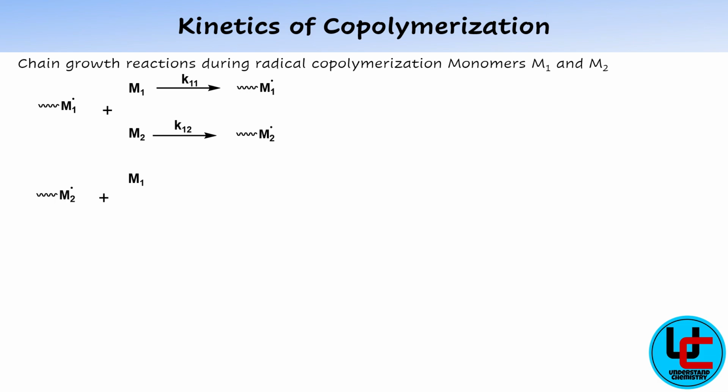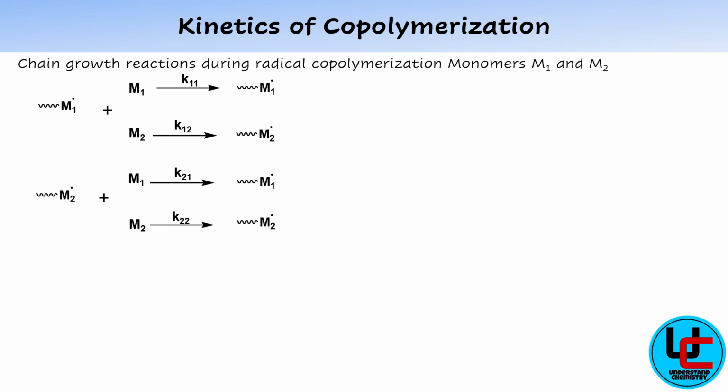Similarly, all growing chains ending in M2 have two possibilities. Either it reacts with M1 with rate constant K21 to give a chain that ends with M1, or it combines with M2 with rate constant K22 to give a chain that ends with M2.